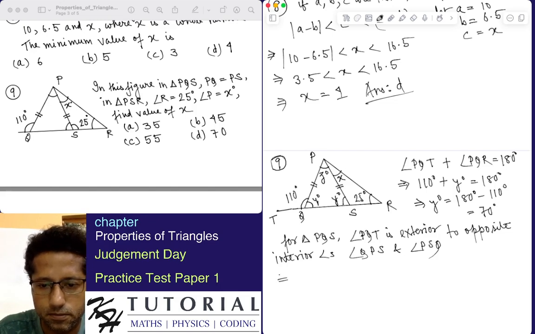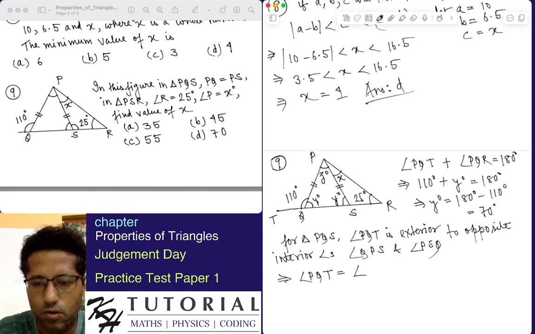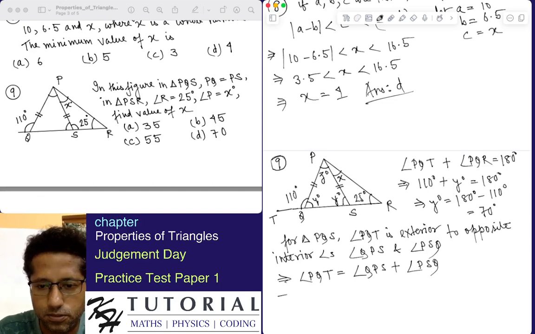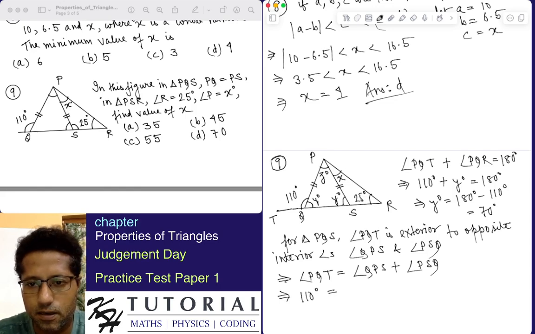So the exterior angle PQT should be equal to the sum of the two opposite interior angles, that is angle QPS plus angle PSQ. Now PQT is 110 degree, it is given, and angle QPS we have considered to be z degree, and angle PSQ is y degree.